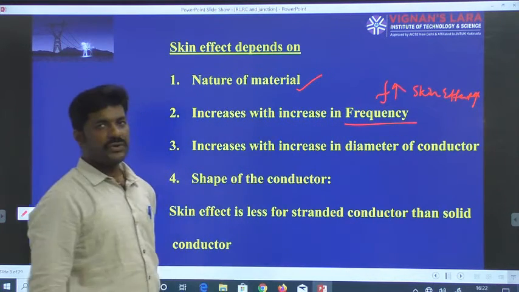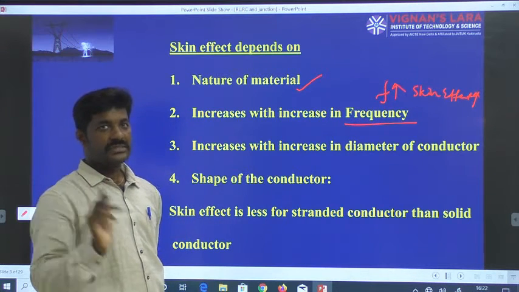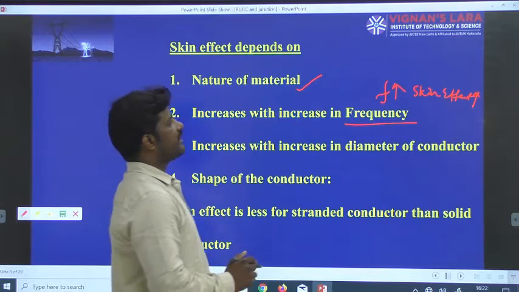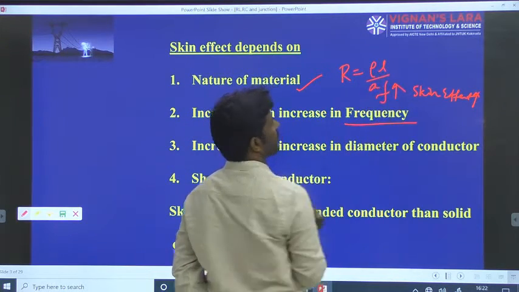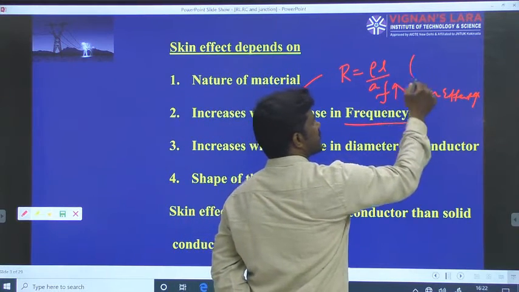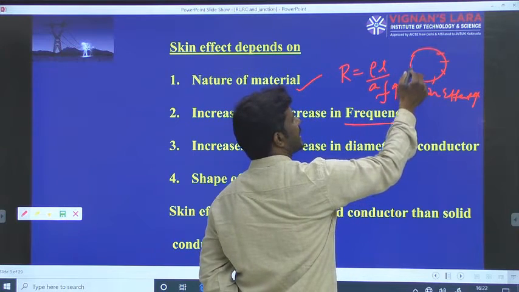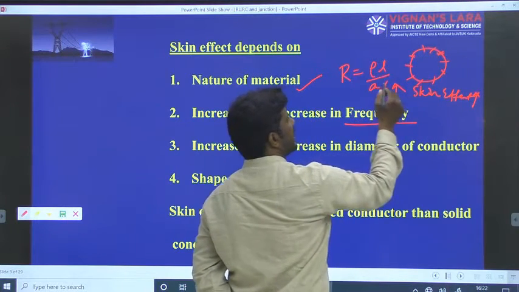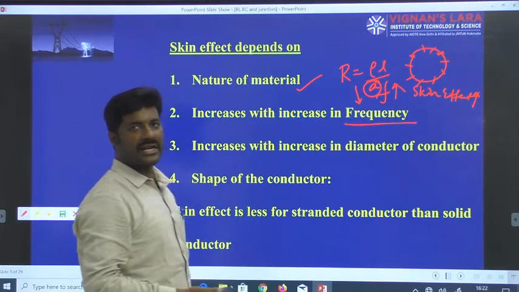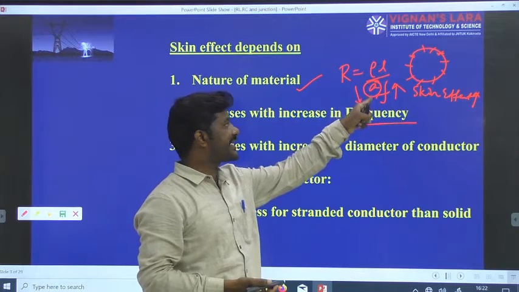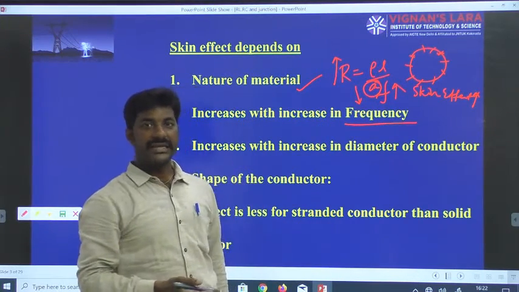Because of this non-uniform distribution of the current, as we know skin effect occurs, then what is the problem with this skin effect? The problem is resistance R is equal to rho L by A. If you see the conductor, only the outer surface of the conductor is used to carry the current, which means the utilization of the cross-sectional area has decreased. Whenever the utilized cross-sectional area is decreased, the resistance offered by the conductor material also increases.